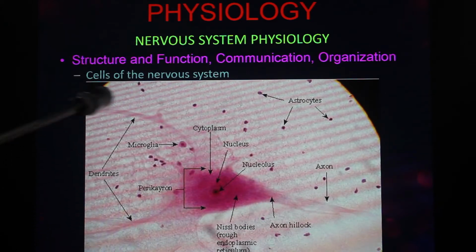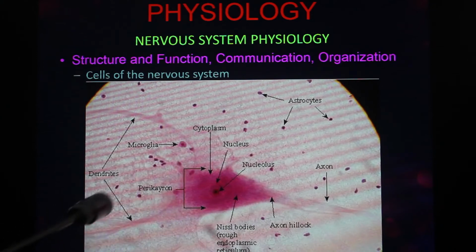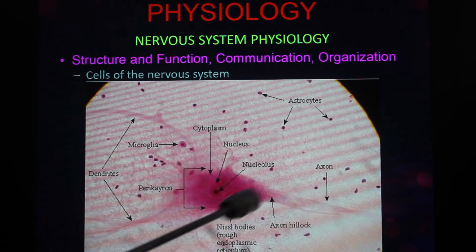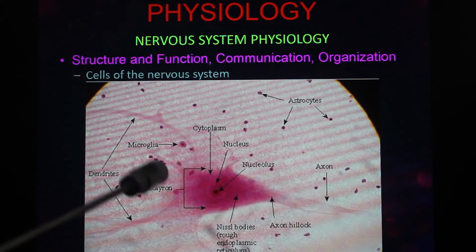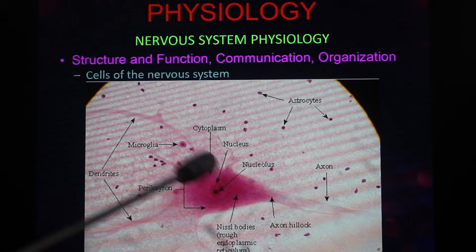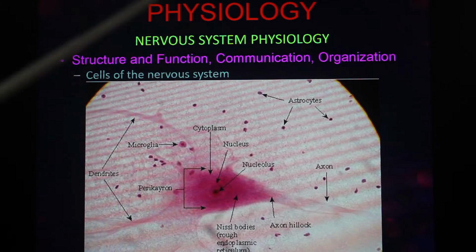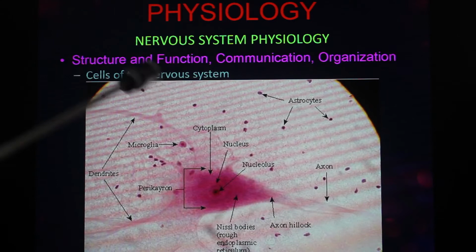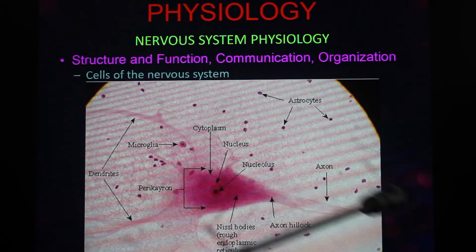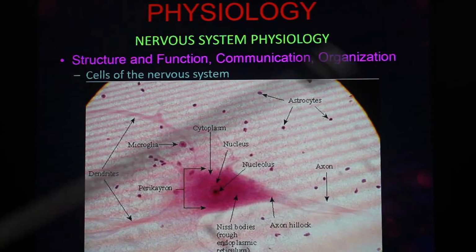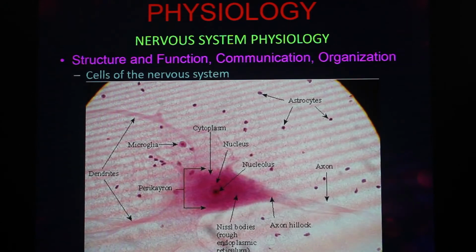You can see the dendrites of the neuron, and here is the nucleus, and inside is the nucleolus of the neuron, and this part is the cytoplasm of the cell. And outside of the cell there are the supporting cells like the astrocytes, and here you can see the axon of the neuron through which the cell sends the signal to the target.